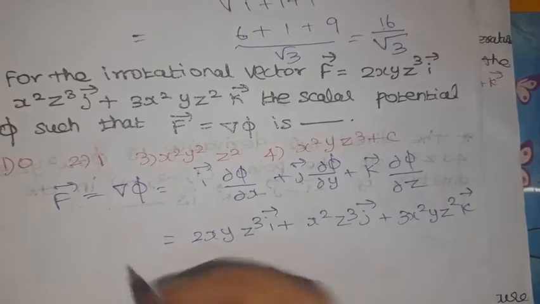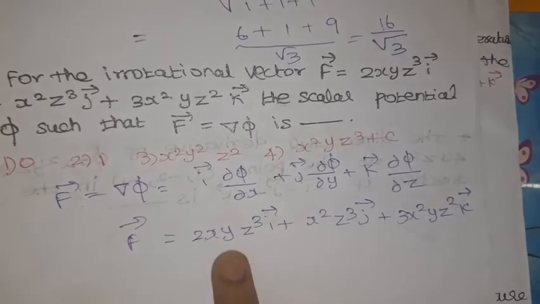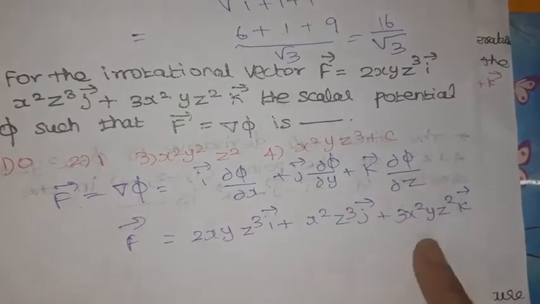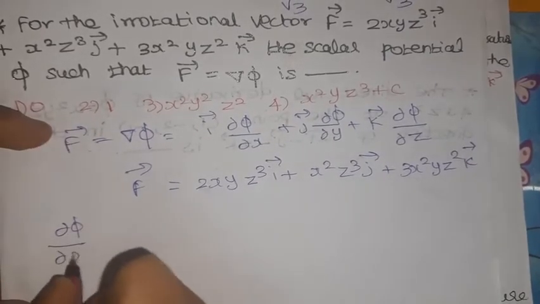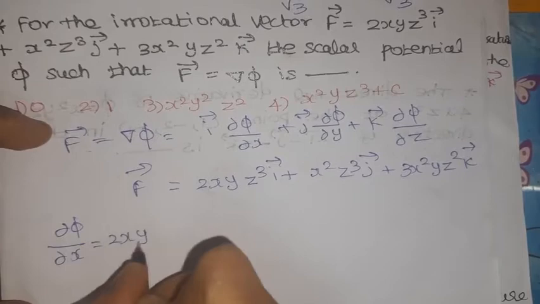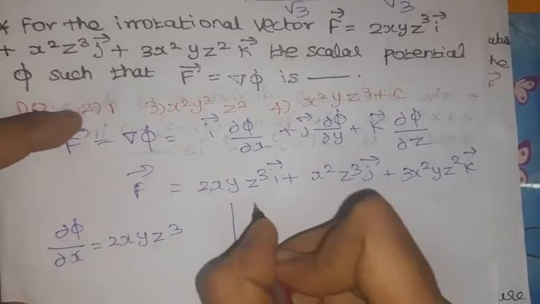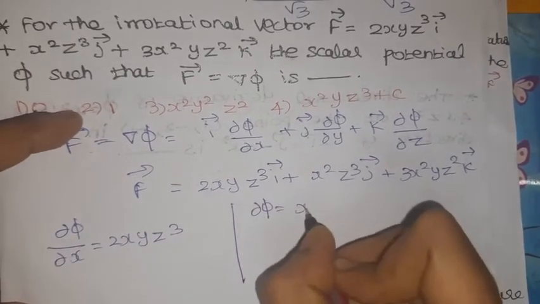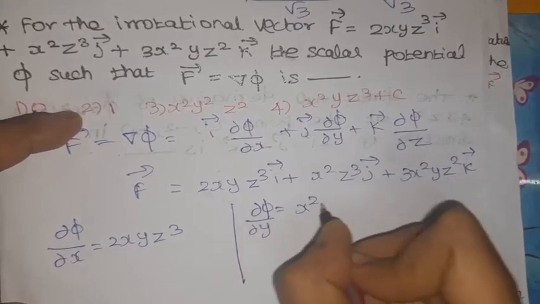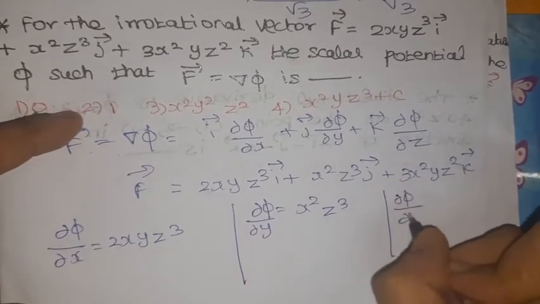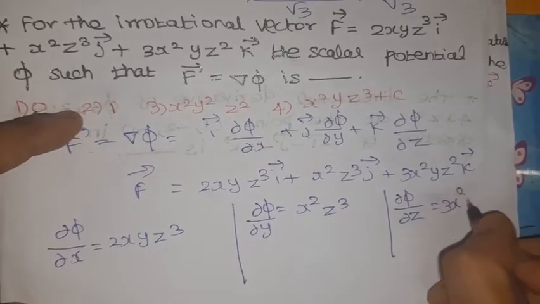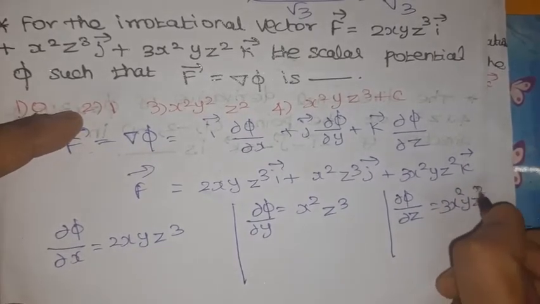Dou phi by dou x is 2xyz cubed, dou phi by dou y is x squared z cubed, and dou phi by dou z is 3x squared y z squared.